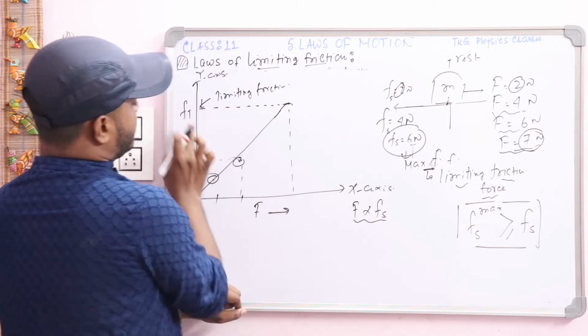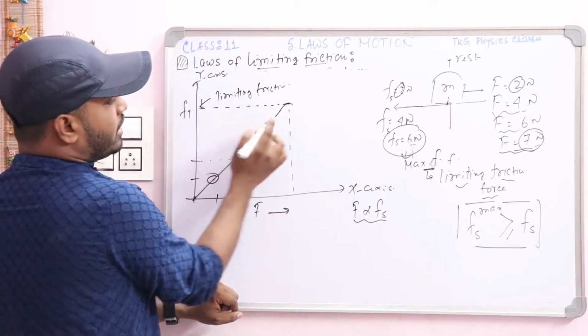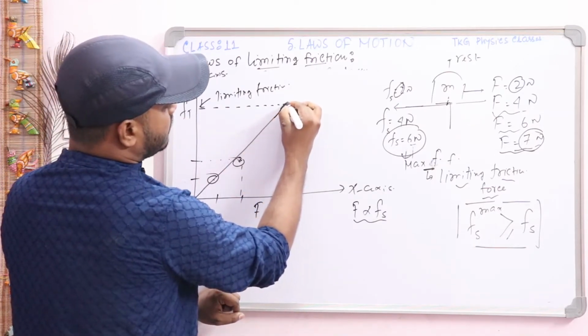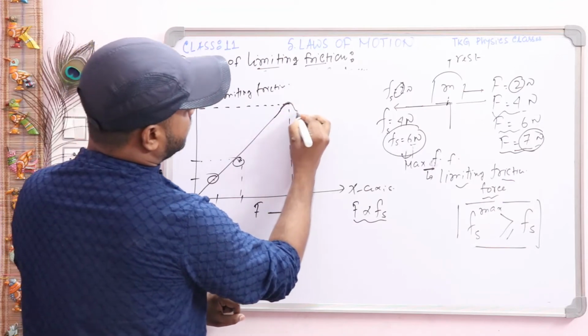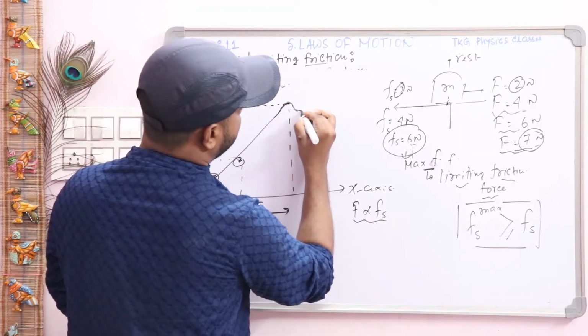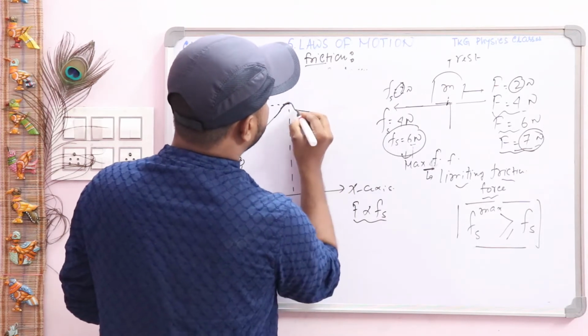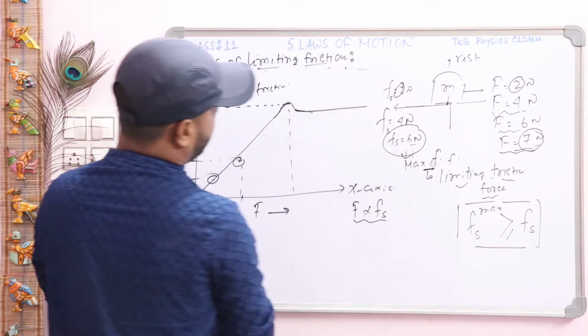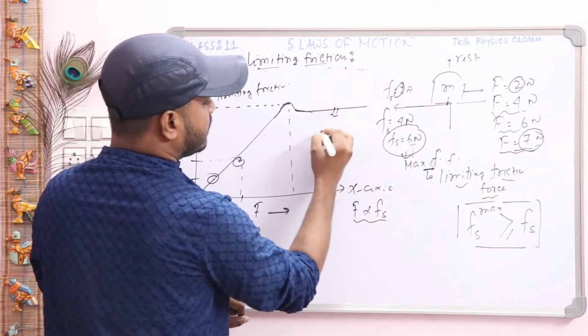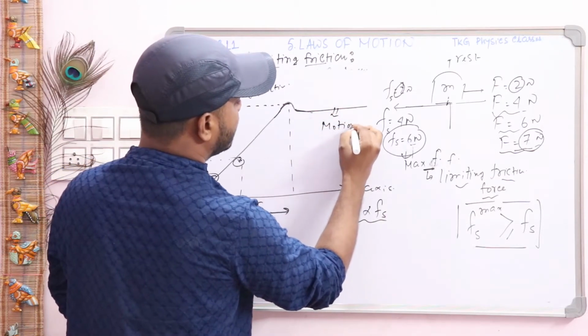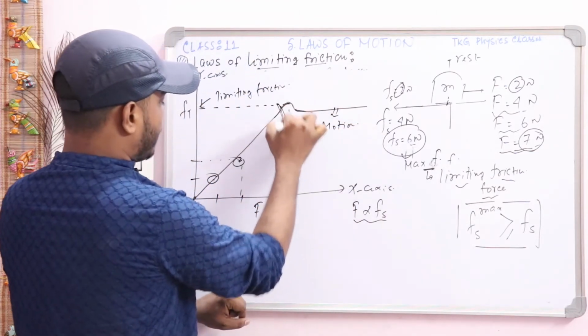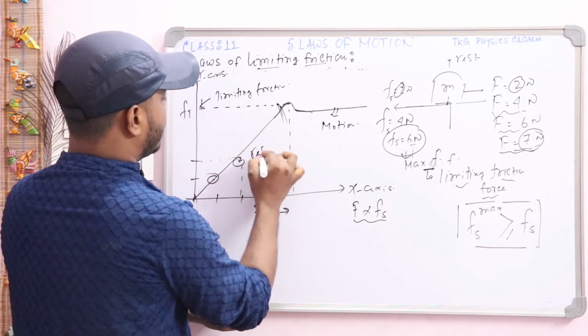Initially, F is directly proportional to small f, then it increases to its maximum value, then slightly decreases, and then it remains constant. This is under the motion condition of the body, and up to this portion is under the rest condition.